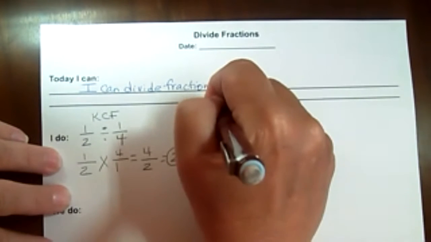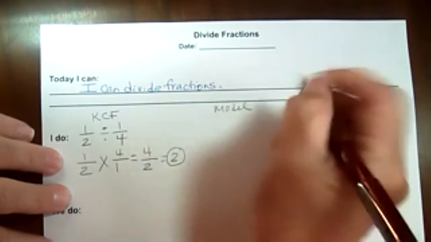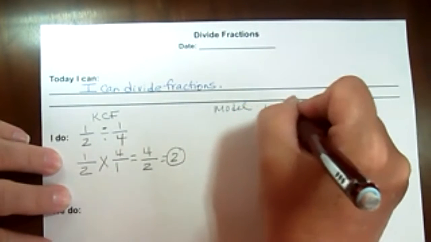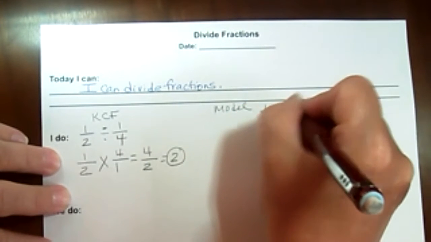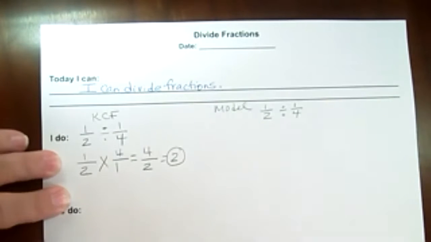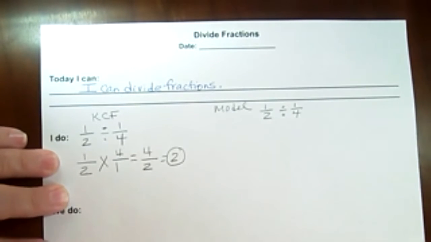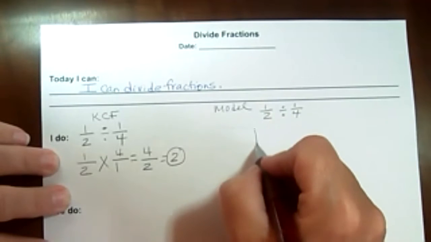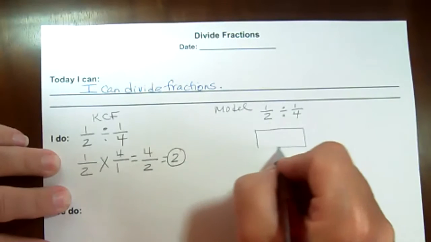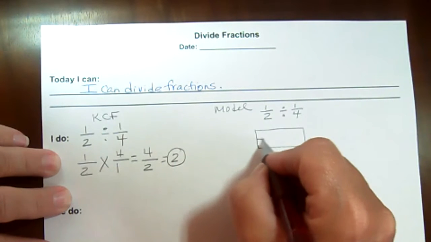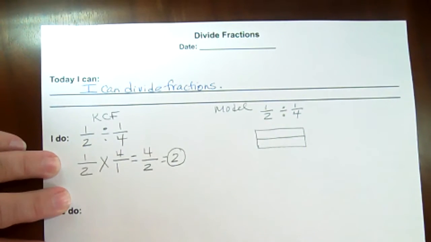I'm going to model this one as well. We've got 1/2 divided by 1/4. I'm going to model the first fraction of 1/2. So I modeled the fraction of 1/2.